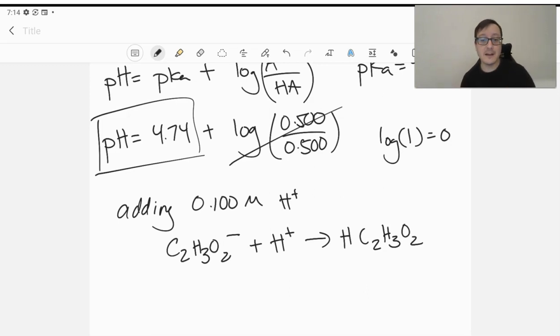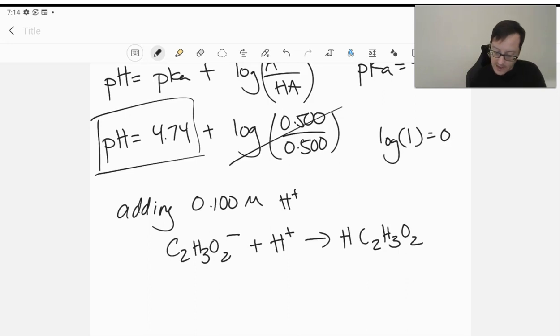This is generally because these are weak acids and weak bases. Putting in a strong acid or strong base will fully react them. So we're not going to worry about having to do an ice table here, because we're throwing in so much H+, we're going to totally destroy the equilibrium, and we're going to completely drive all of that H+ away.